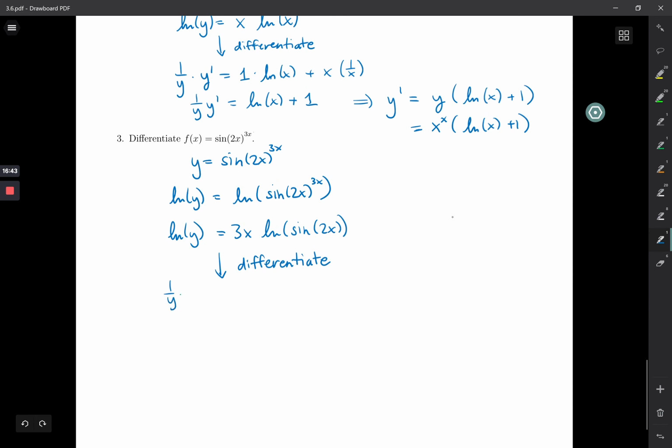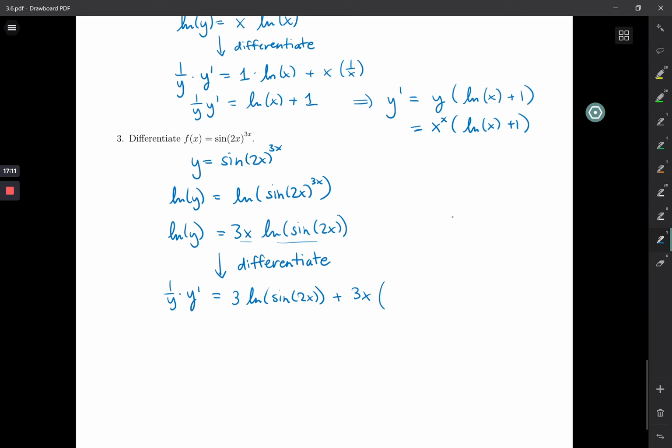And remember, we always get 1 over y times y prime on the left-hand side. On the right-hand side, again, we have a product of two functions, so we should use the product rule. So we would get 3 times the natural log of sine of 2x plus 3x times, and here we have a couple of layers of functions, so we have to use the chain rule twice.